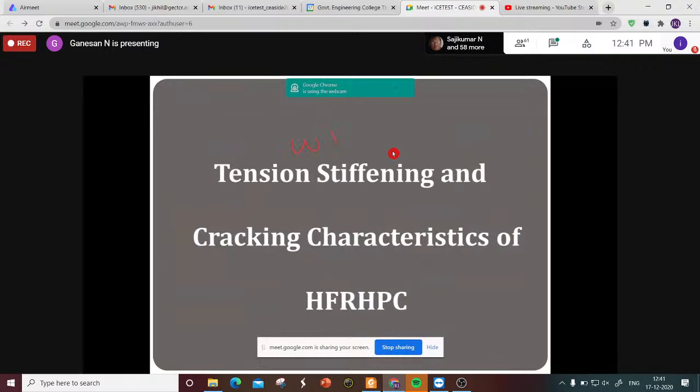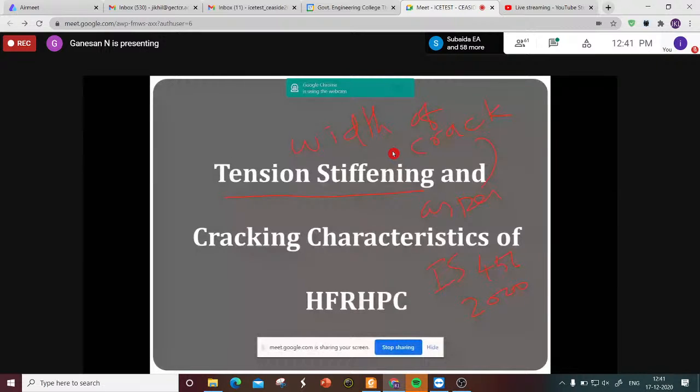When you calculate the width of crack as per the code, IS 456:2000, without our knowledge, indirectly we are introducing this factor. What is tension stiffening? It is the ability of concrete to carry tension between the cracks.